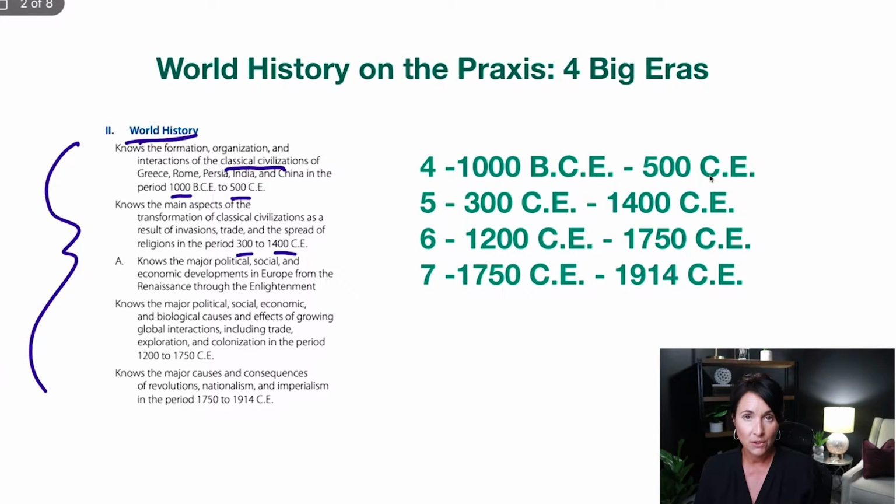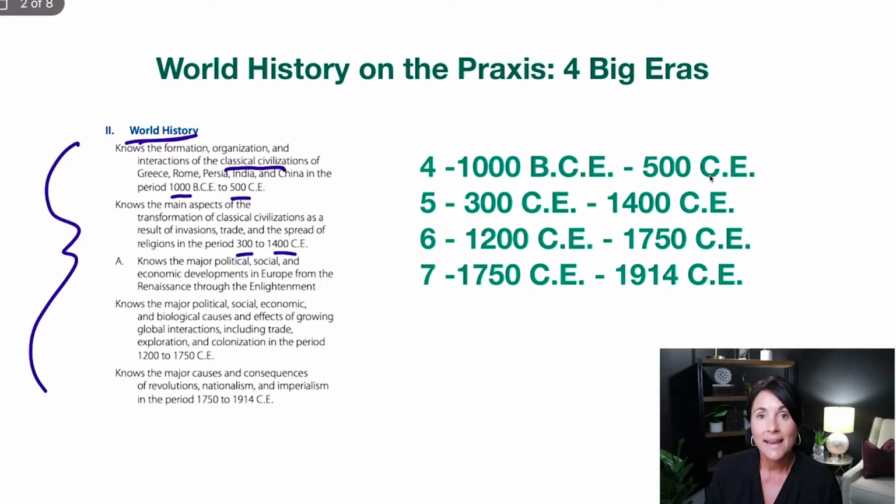One thing you need to understand is there are 9 big eras in history, dating all the way back to the Big Bang and when the Earth was formed, all the way up to present day. Now, this portion of the test specs and this portion of the test deals with eras 4, 5, 6, and 7. Now, era 4 is from 1000 BCE to 500 CE.